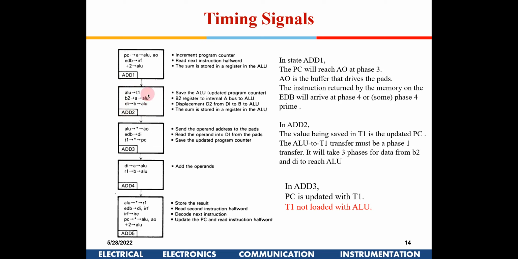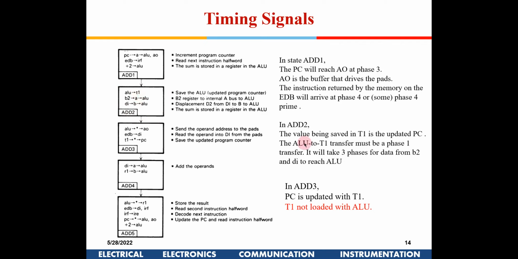By using multiple clock phases. So in the phase 1 clock, this data is read from the ALU into T1, and this data will come into the ALU after 3 phases. So there is no problem having read and write operations simultaneously on the ALU in a single block, because although this is a single block, we have multiple phase clocks coming here.